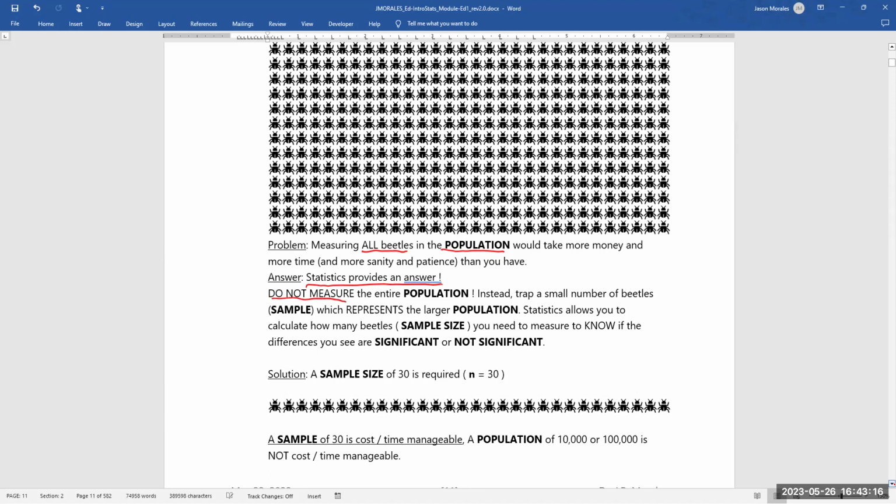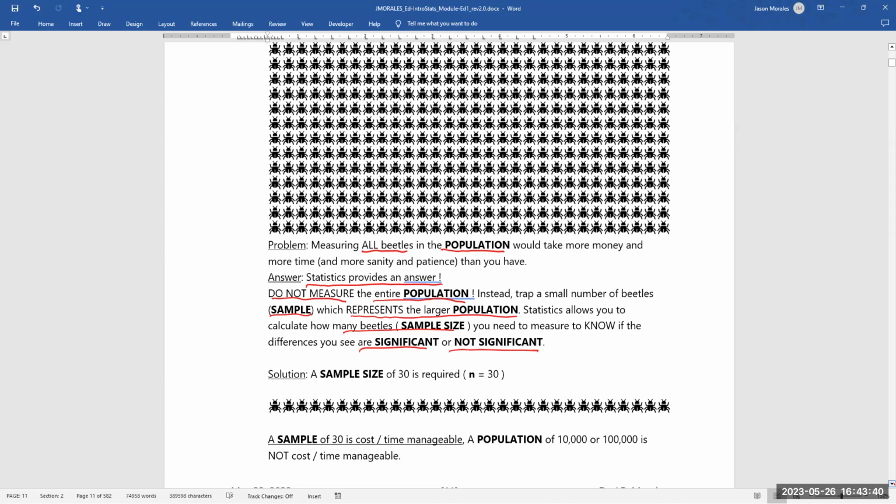So do not measure the entire population. Instead, trap a small number of beetles, that's your sample, which represents the larger population. Statistics allows you to calculate how many beetles you need to measure to know if the differences you see are significant or not significant.